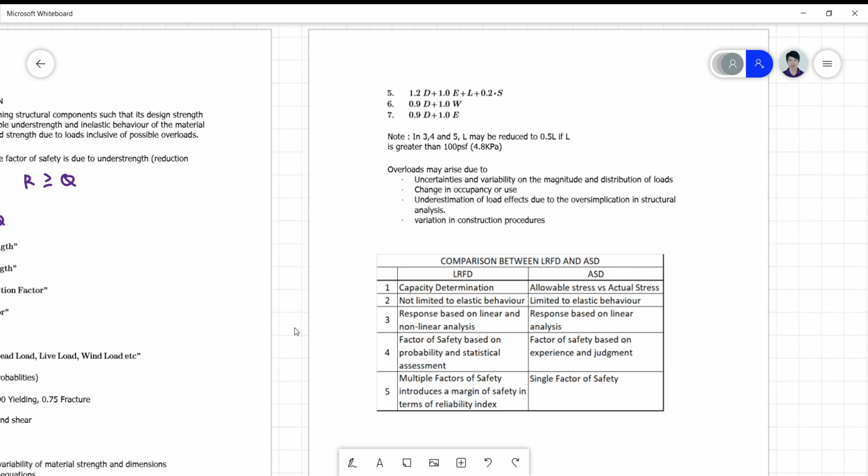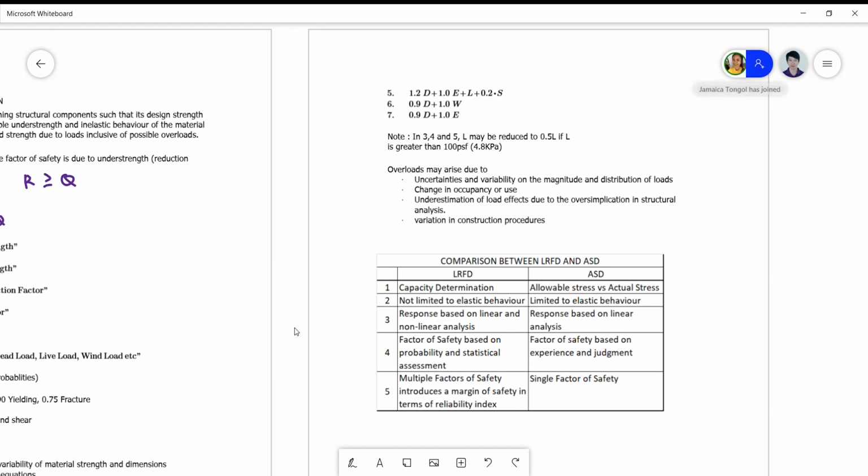Okay, just take note that in 3, 4, and 5, the load L, which is the live load, may be reduced to 50% if the live load is greater than 100 psf or 4.8 kilopascal, which is actually very applicable on storages and garages, and also for public assembly loads.